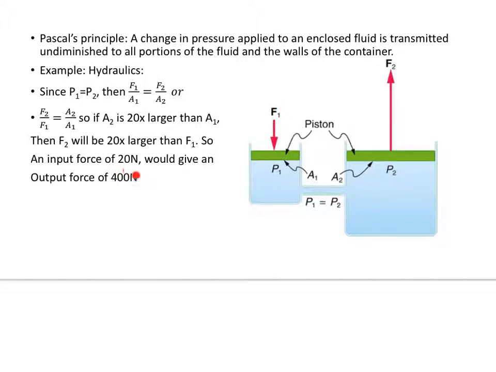So if F1, for example, was 20 newtons, then there would be an output force here of 400 newtons. So hydraulics is used in car hoists, for example, and various types of machinery where we need to multiply this input force.